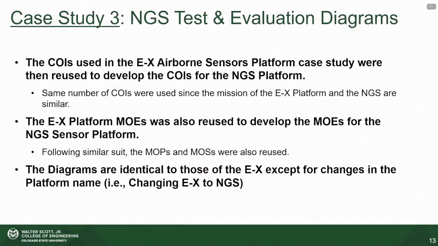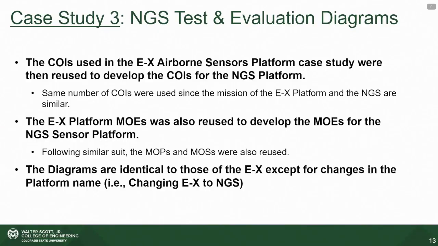The reusability feature of SysML and the Cameo software effectively streamlined the model development when I applied it to the NGS system. And it actually became a little bit easier because the EX airborne sensor platform is very, very similar to the NGS system. So a lot of it ended up being ported over.